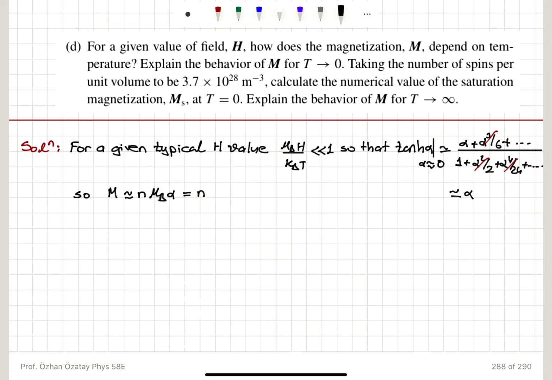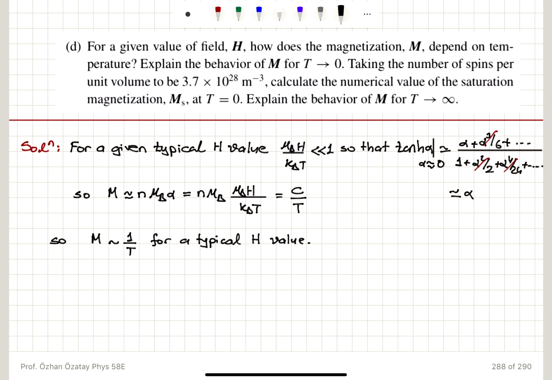So that is n μ_B H over k_B T. So this is of the form a number C divided by temperature T. So we see that the magnetization is varying as 1 over T for a typical H value that we obtain in the lab.